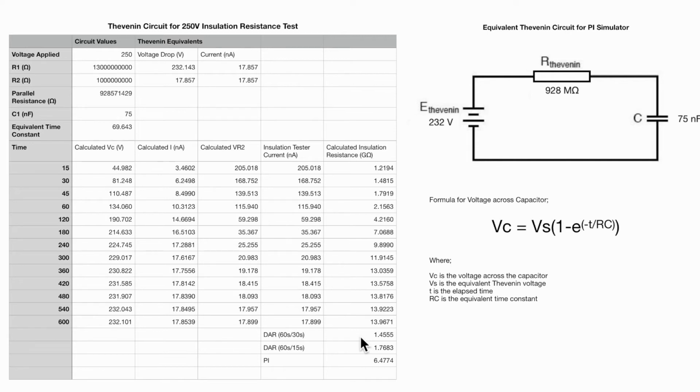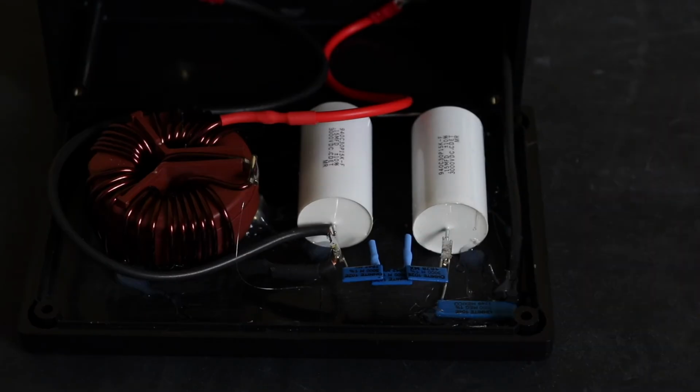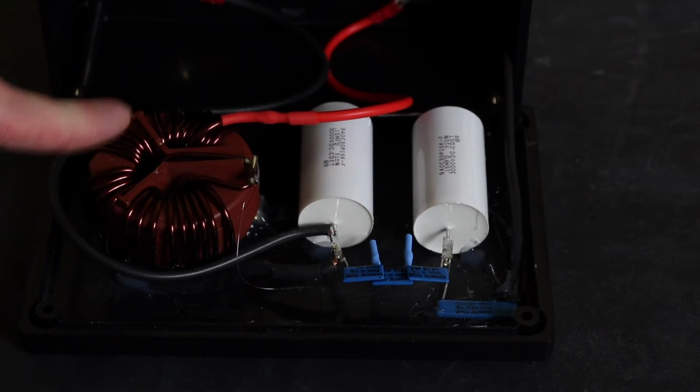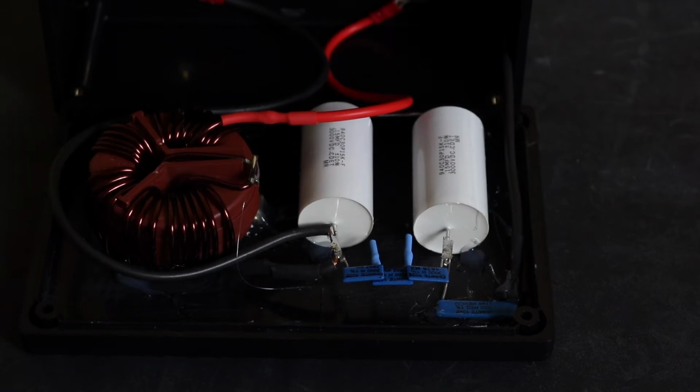Okay, so back to the actual simulator itself. The inductor you see here on the left, that's just something else that I add in. I use a lot of micro ohm meters, or we call them ductors in the UK, and putting an inductor into the circuit gives me another testing element for this box. With the MTR 105, I'll be able to measure the inductance and the DC resistance of this, which gives me a couple more test points for that unit.